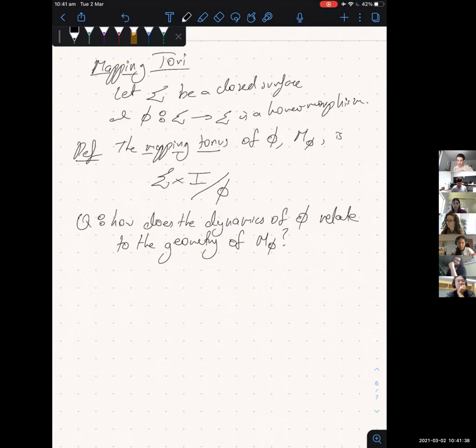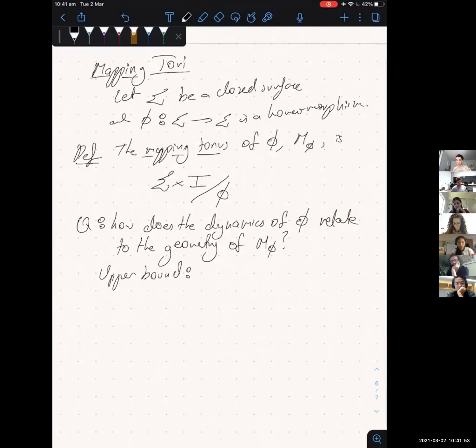Okay, so a nice thing about mapping tori is that we can give a really easy upper bound on our triangulation complexity. Sorry, I said lower bound, but an upper bound. Okay, so we're going to do this in terms of the action of our map on the triangulation graph.